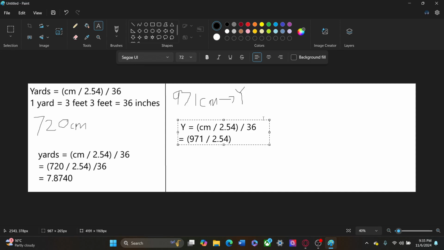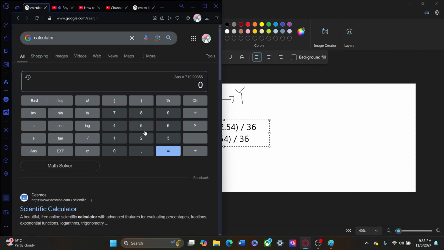Since we already know our centimeters there, all we got to do is plug in the rest of the equation, and we're good. Then what we can do, put this in here: 971, divide that by 2.54, close, divide by 36.